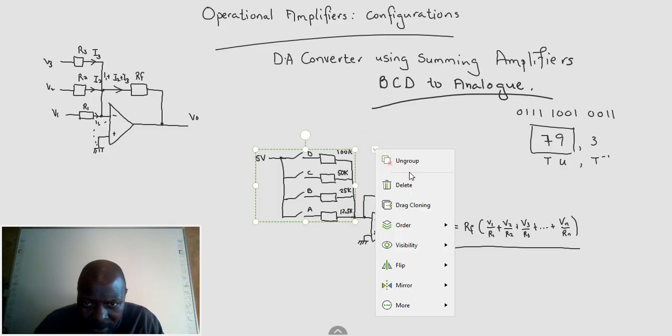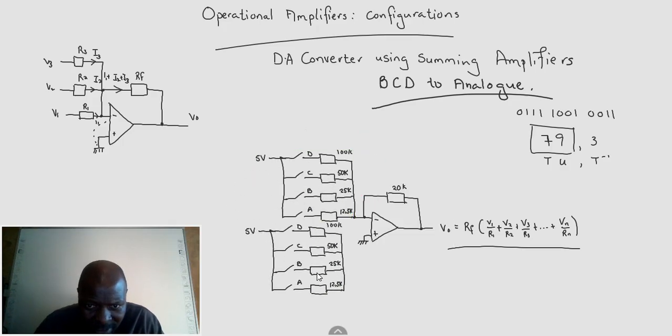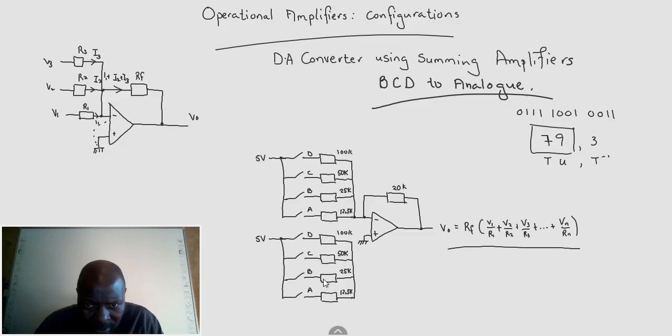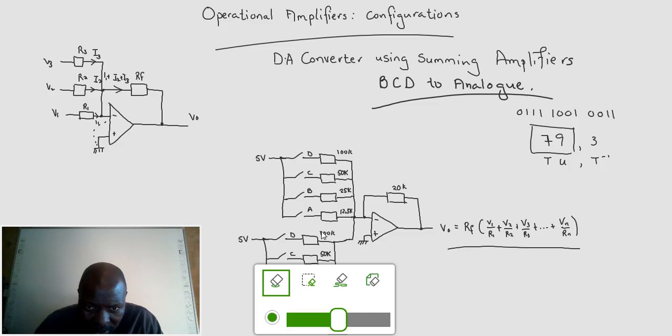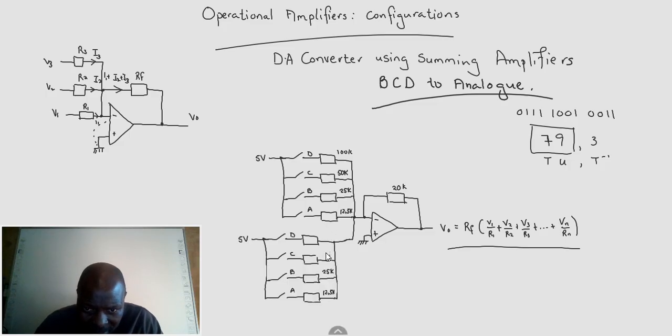Let's say I clone this and have a set down here, so it doesn't clash with my other one. I'm going to reduce the resistance by a factor of 10, because a smaller resistor gives us bigger current.